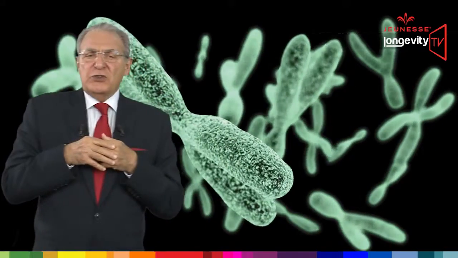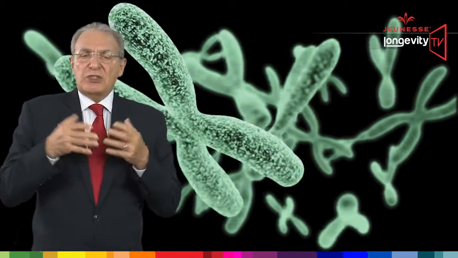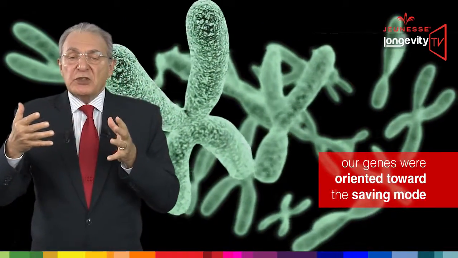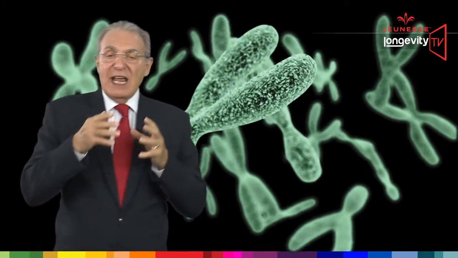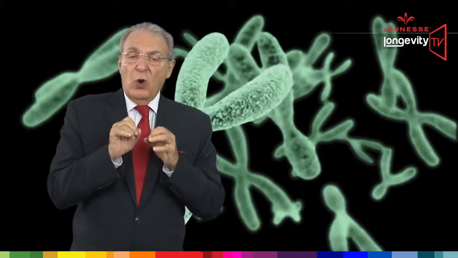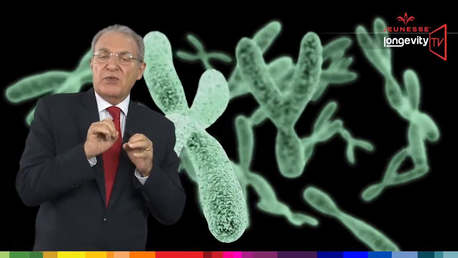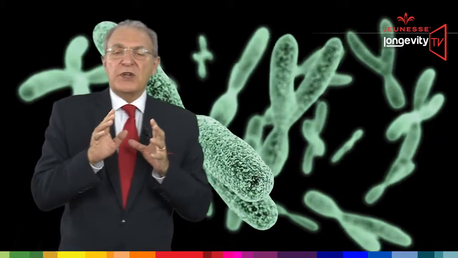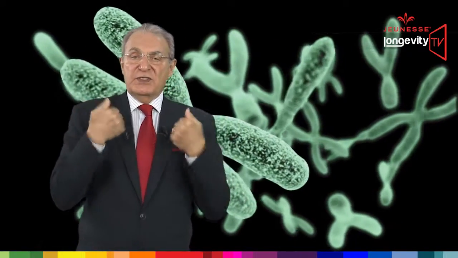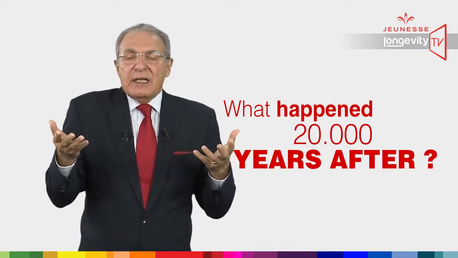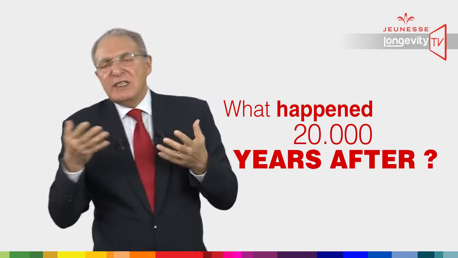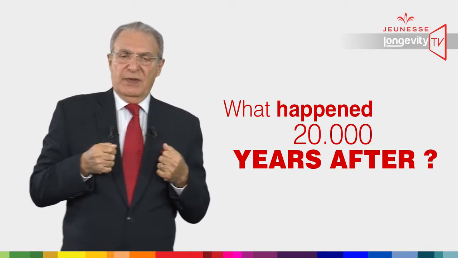Because of the uncertainty of food availability, our genes were oriented toward the saving mode, which means that every time we eat, all the energy coming from the food was oriented to the storage facility. What happened 20,000 years later?